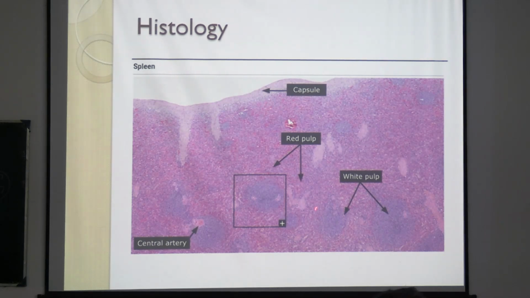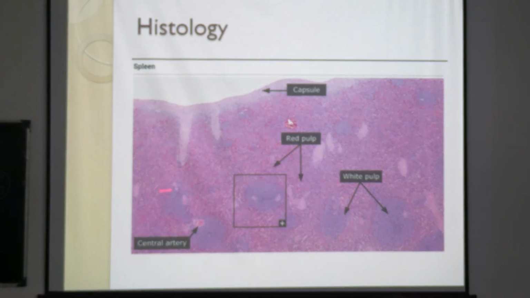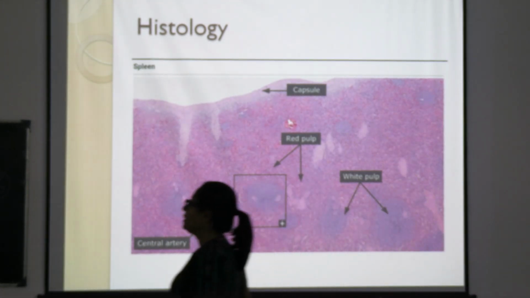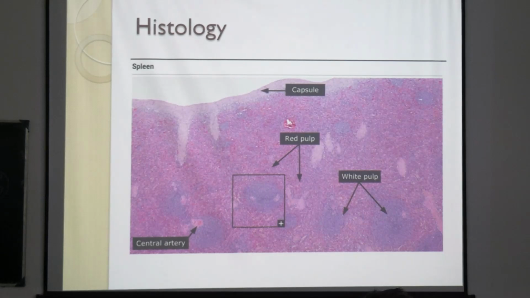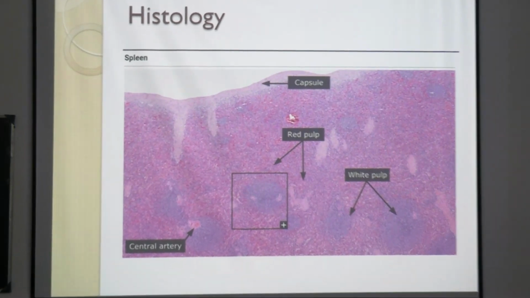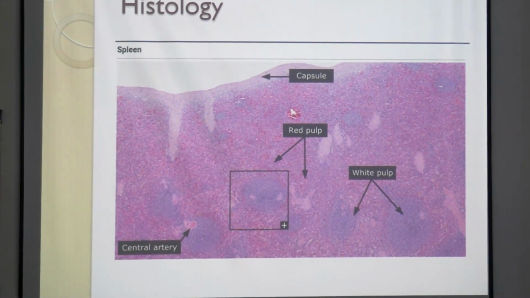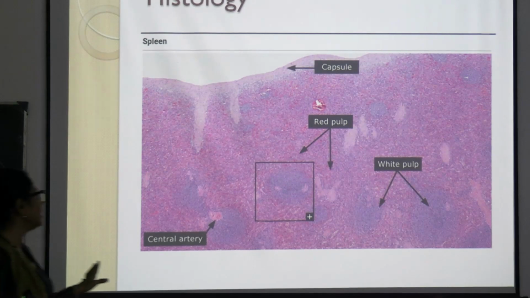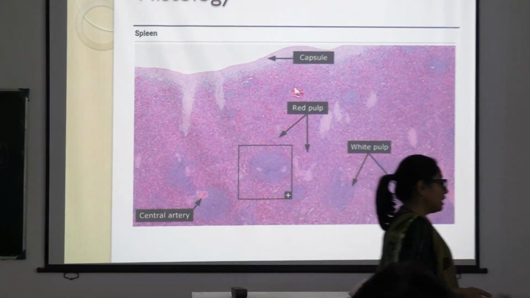White pulp, which are lymphoid follicles. There is a central artery surrounding which there will be B cells, and surrounding that there will be T cells. In between the white pulp there is red pulp. There will be arteries, venules, RBCs in there, and something else.